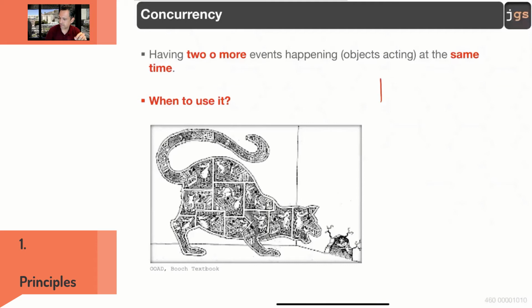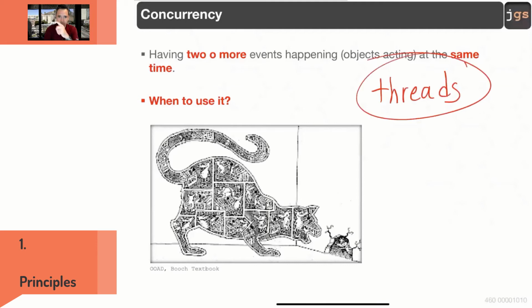Threads. The concept is concurrency. The concept is more than one thing happening at the same time, in quotation marks. The implementation of that in programming: multi-threading, multiple threads.